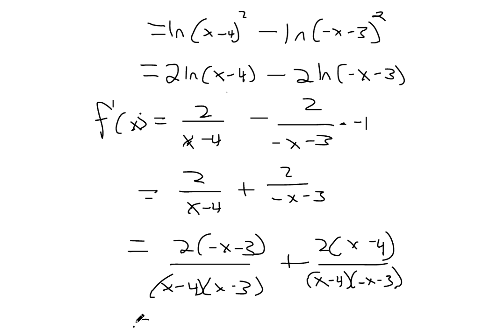And now we can combine. If we distribute, that's negative 2x. That's a positive 2x. So those are just going to cancel each other out. And then 2 times negative 3 makes negative 6. 2 times negative 4 makes negative 8. So negative 6 plus negative 8 makes negative 14 in the numerator. And it's all over this stuff in the bottom.